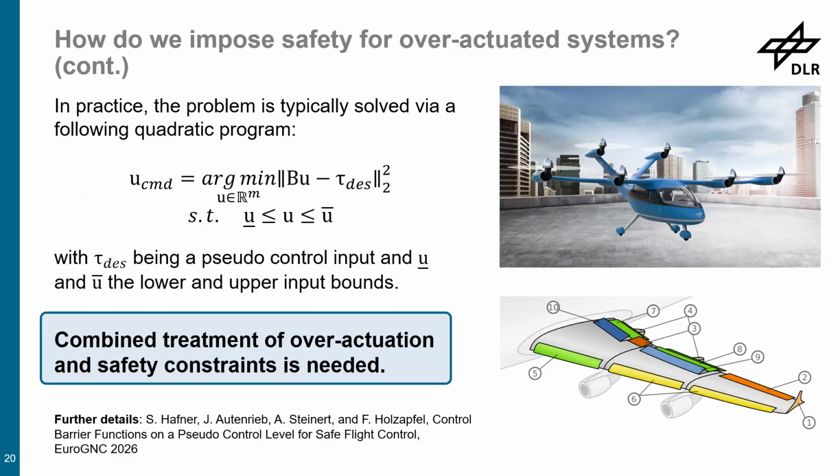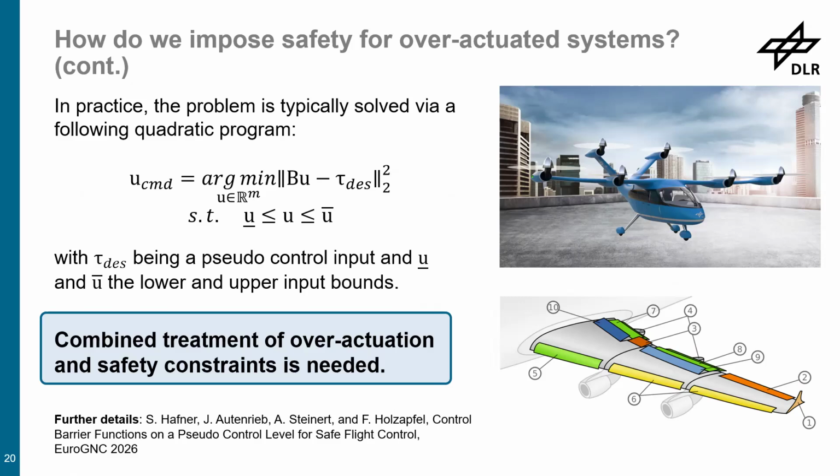So I'm searching for a solution that minimizes the Euclidean norm between them, right? And if you're very good, this becomes 0, and then you have the minimum. If not, you're searching for the closest one while respecting your input constraints, right? And this is how control allocation works.